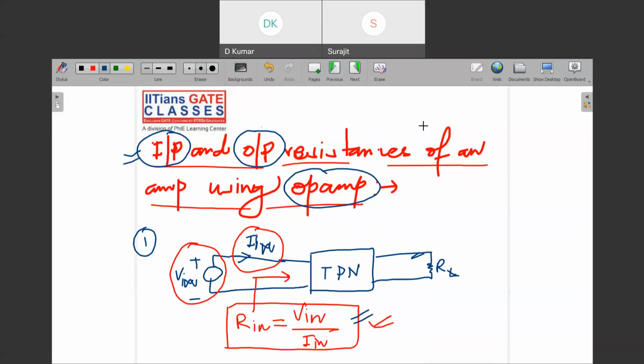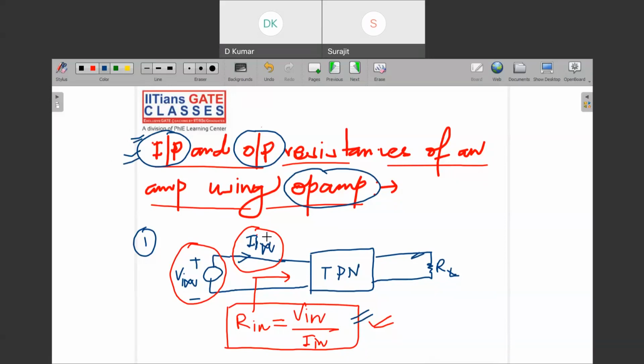So please note down this topic: input resistance and output resistance. Right now, we are talking about the operational amplifier, but in future you will find that we will also use bipolar junction transistor or MOSFET, metal oxide semiconductor, amplifiers, right?